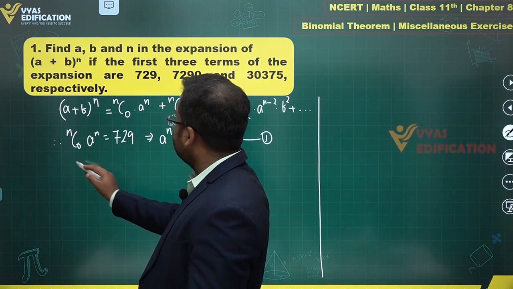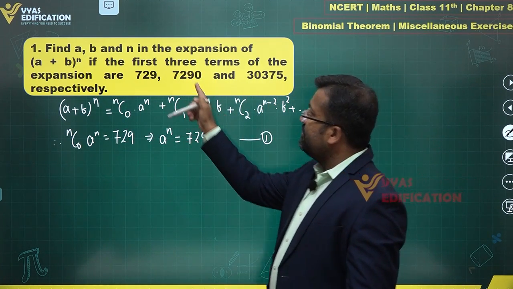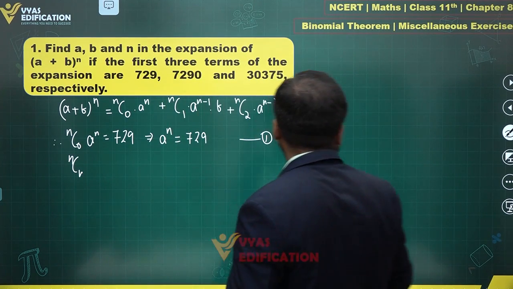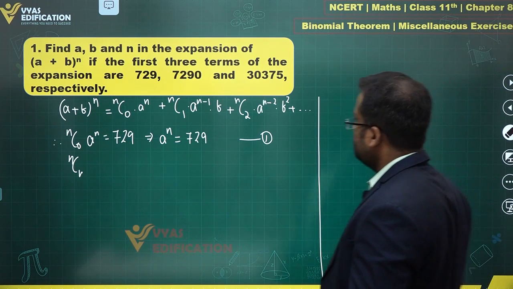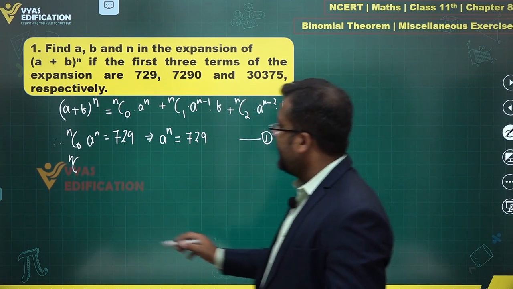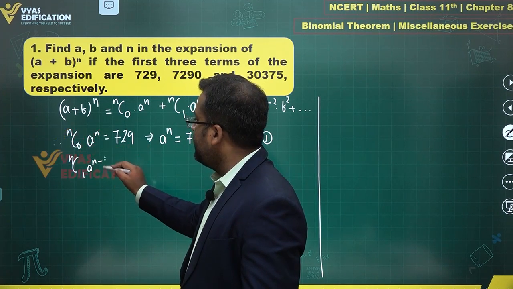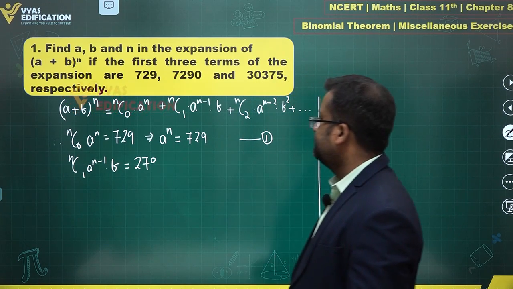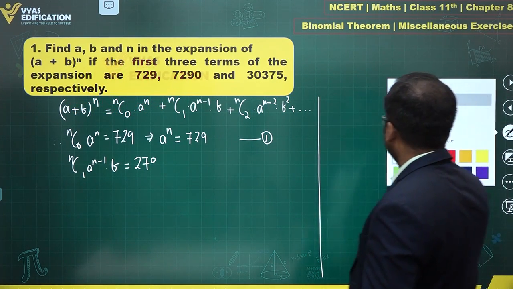Then the second term says nC1 a^(n-1) b is equal to 7290. nC1 is what we have. Let's focus on this. nC1 a^(n-1) b is equal to 7290.